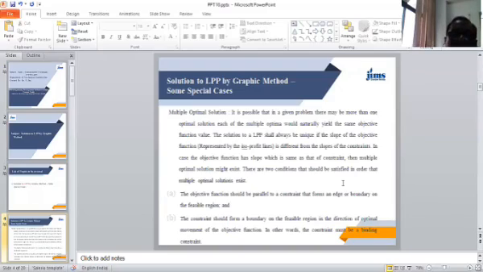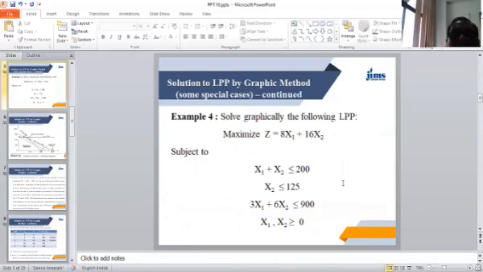And the second condition is the constraint should form a boundary on the feasible region in the direction of optimal movement of the objective function. In other words, the constraint must be a binding constraint. Now, to explain this, we consider the following problem, which we shall try to solve graphically.